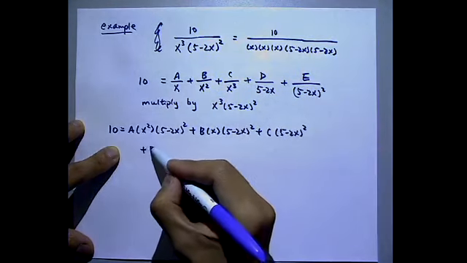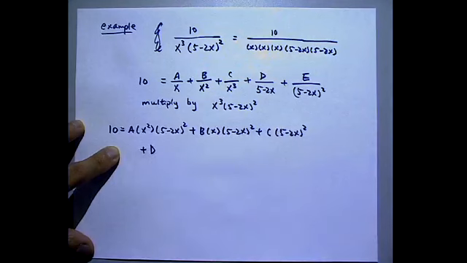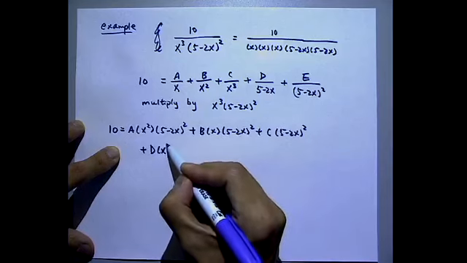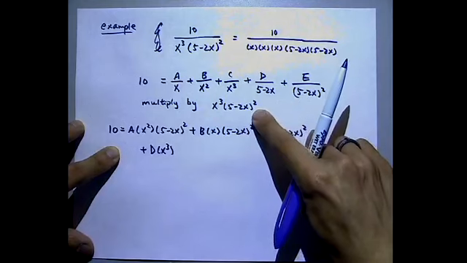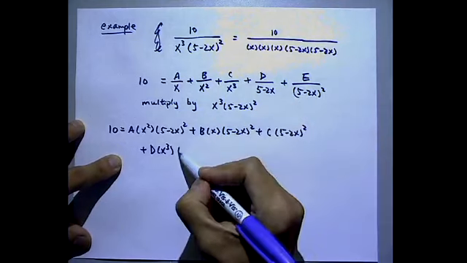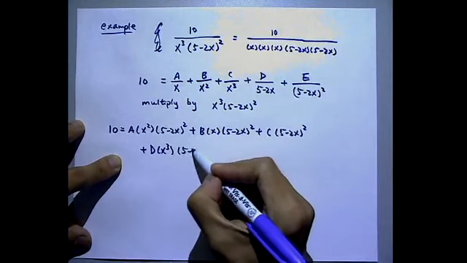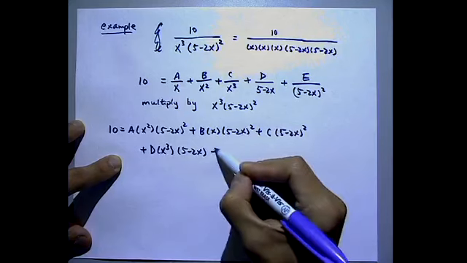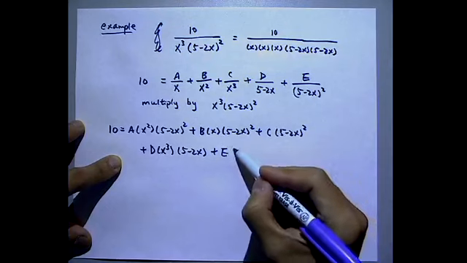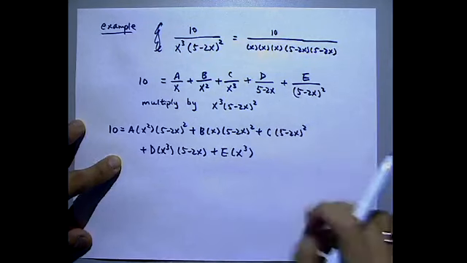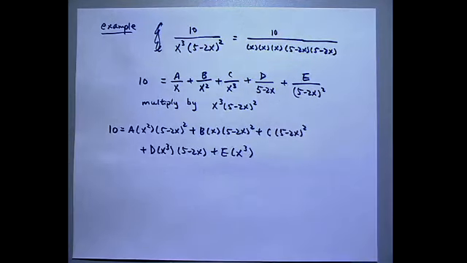And then d times what? Times x cubed. And how many of these? 1. Yep, 1 factor of that. And finally, e x cubed.